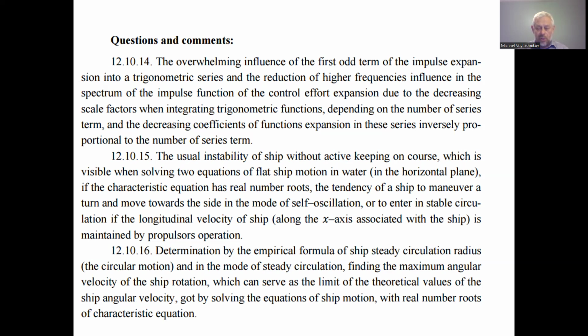Usually the ship motion along the abscissa axis in the longitudinal direction we cannot consider as sustainable without the action of the control system.